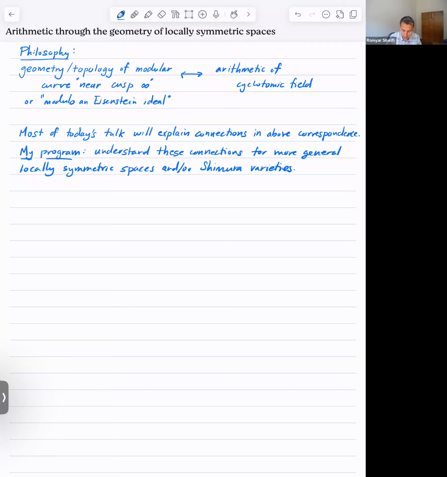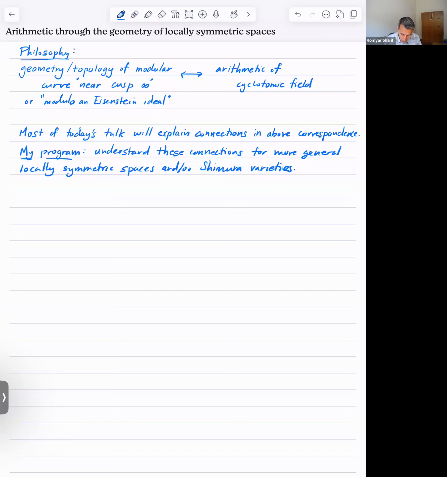Most of the talk today will explain connections in this correspondence. My program more generally, as the title indicates, is a desire to understand these connections in more general settings of locally symmetric spaces or arithmetic of Shimura varieties and such.